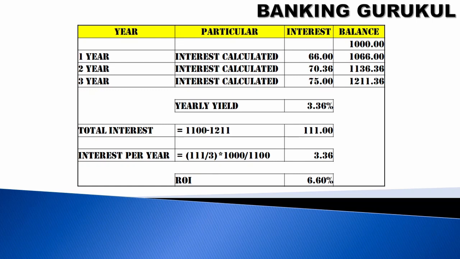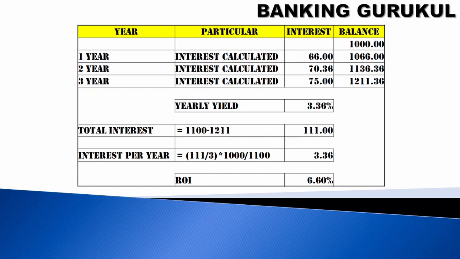So my 3 years' interest is 111. I divide by 3 years, because I am getting the interest rate or coupon rate on my face value of 1,000 rupees, but I have invested 1,100. If you take the 3 years' interest, multiply with 1,000 and divide by 1,100, my yield is 3.36.